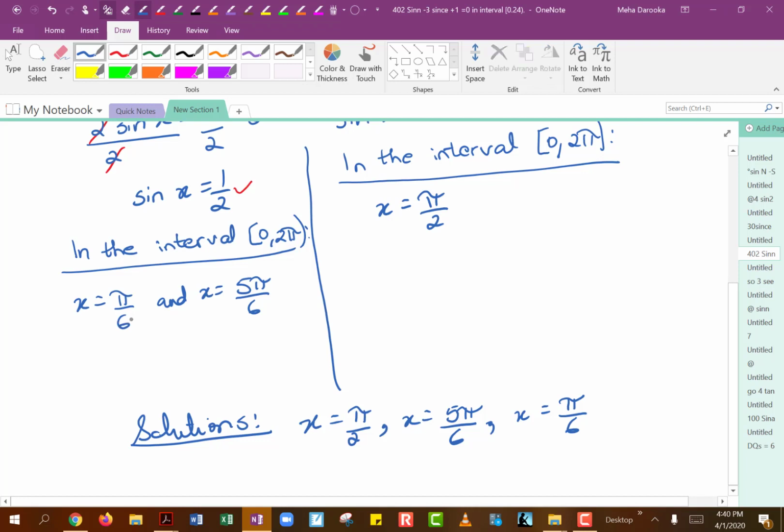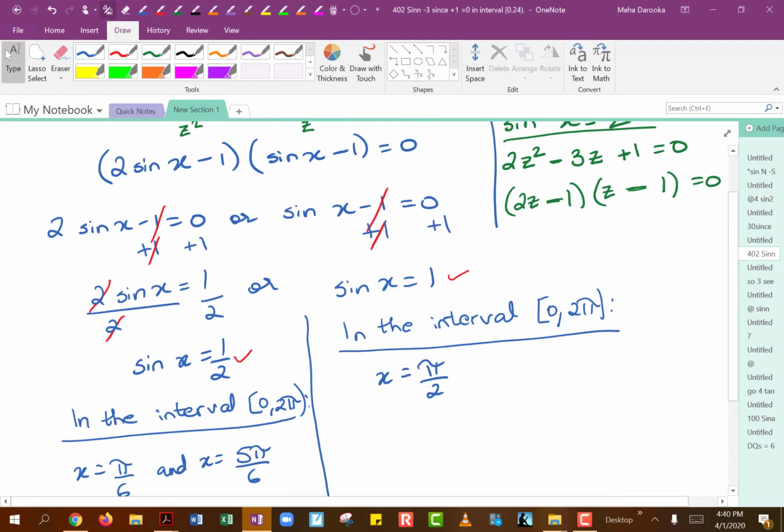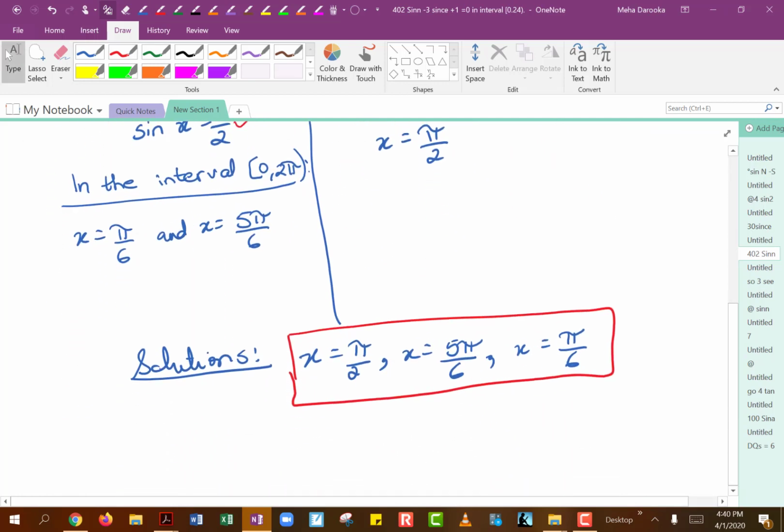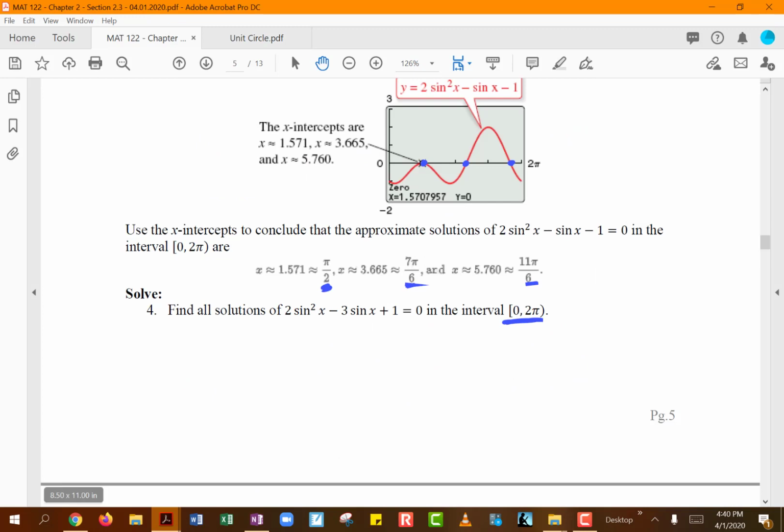That's why I was wondering, why do I have pi over 2 on this side? So this here should be pi over 6 and 5 pi over 6. So those are the two answers. And then from the other side, we have pi over 2. So together, these three make up the solution for this example. I hope this helps you see how we are solving these trigonometric equations of the quadratic type.